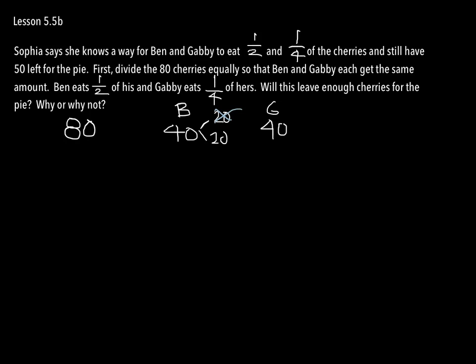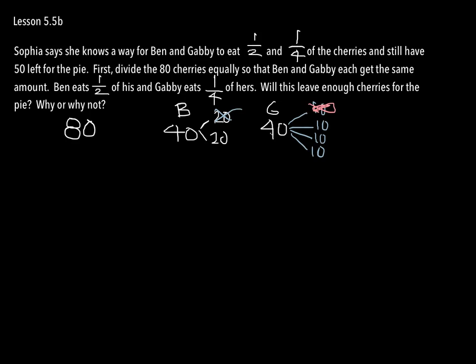Okay, Gabby, she's going to eat a fourth of hers, so we're going to take this number right here and divide it into 4 parts. 1, 2, 3, 4. 40 divided by 4 is going to be 10, so 10, 10, 10, 10, and these 10 go in Gabby's belly.